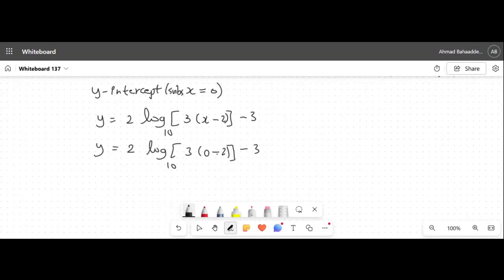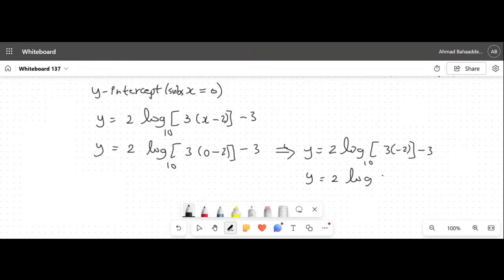So guys, when I say 0 minus 2, it's going to be minus 2. So this leads to y equals 2 logarithm of 3 times minus 2 for the base 10, and there is minus 3 in here. So guys, you can see here that we cannot find the y-intercept because the argument of the log became negative, and this is not acceptable. It's out of the domain.